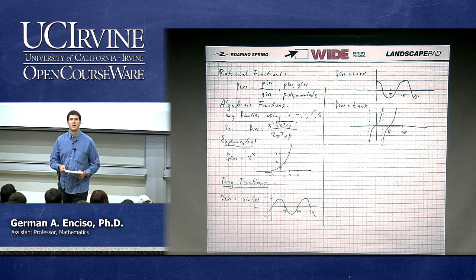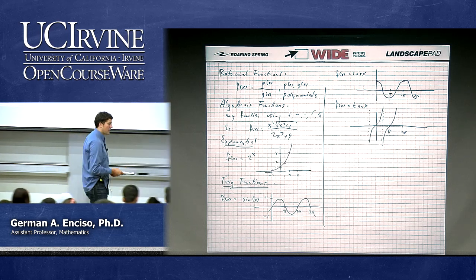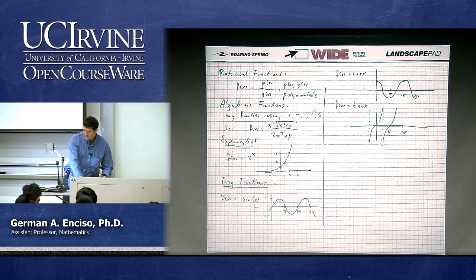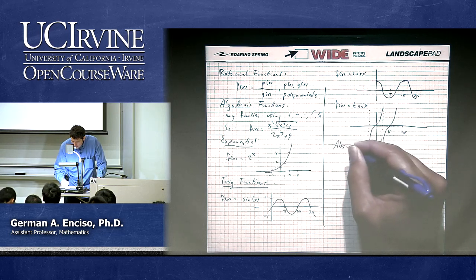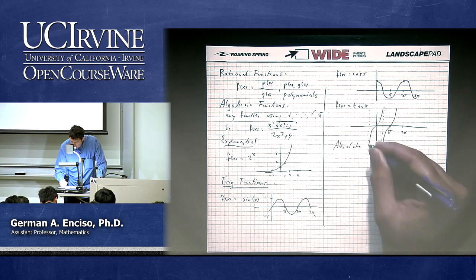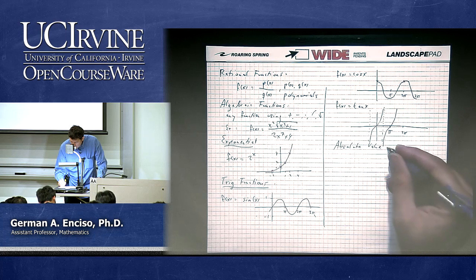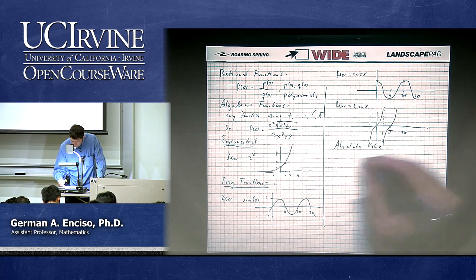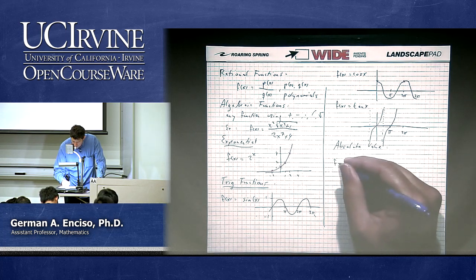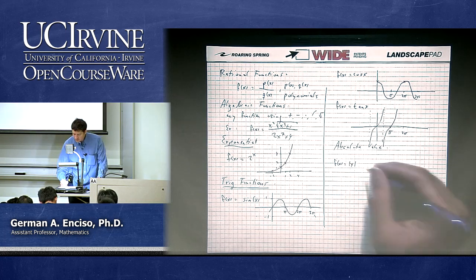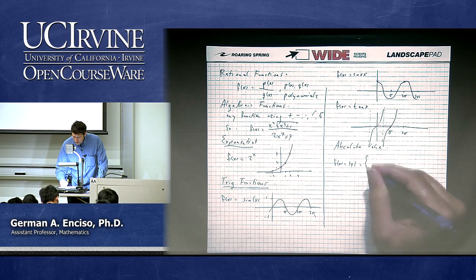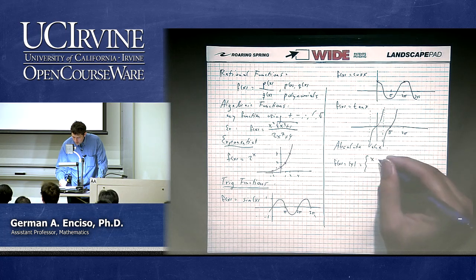Absolute value. Okay. I should have mentioned that last time, but I didn't. So let's throw it in. Absolute value of x is written like this, and it's defined using a piecewise formula.